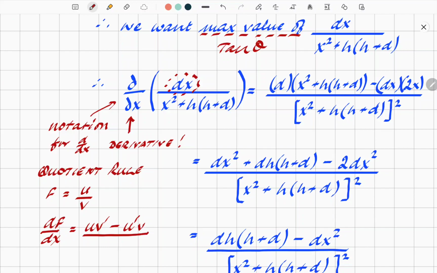Oh, have I written it the wrong way around? Whoops. Let's quickly get rid of that. I knew I was going to do something wrong there. I'll write it the way I'm used to writing it, and we've got v squared underneath.